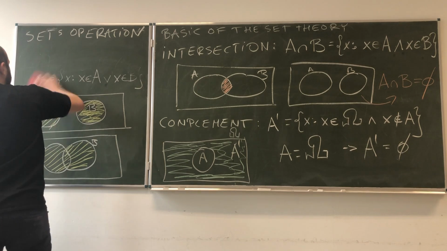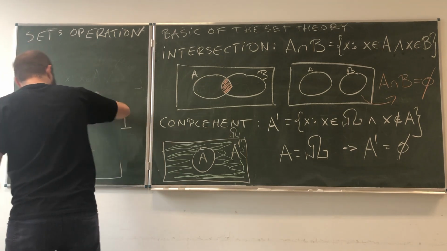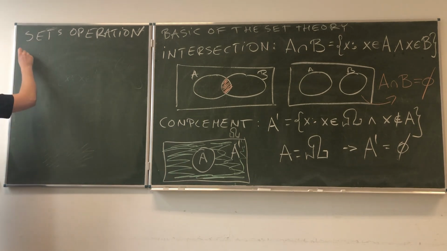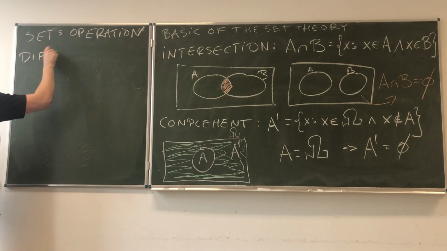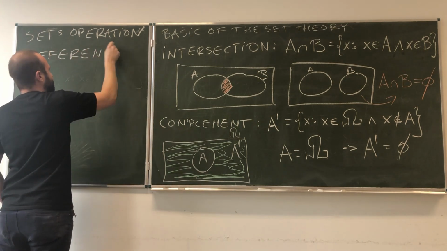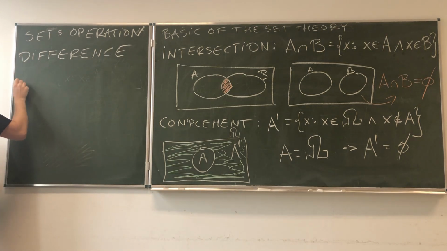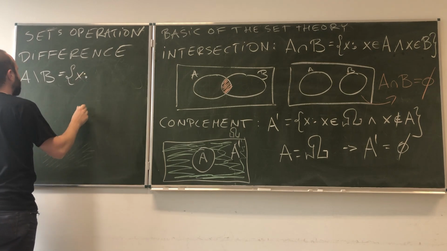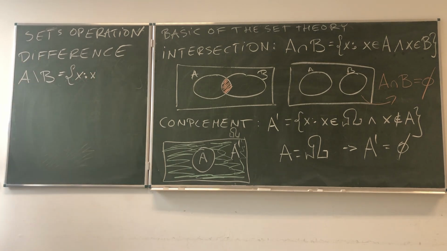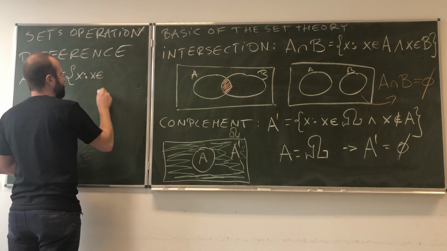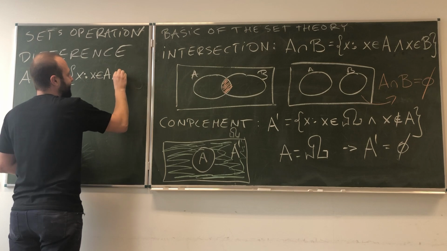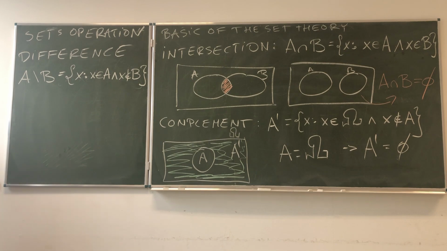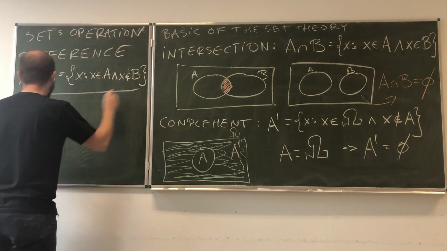Okay, and the last operation we're going to cover is a difference. So we write it as A difference B, is a collection of all x's such that x is a member, so is an element of A, and x is not an element of B. Okay, so how can we show this on the graph?